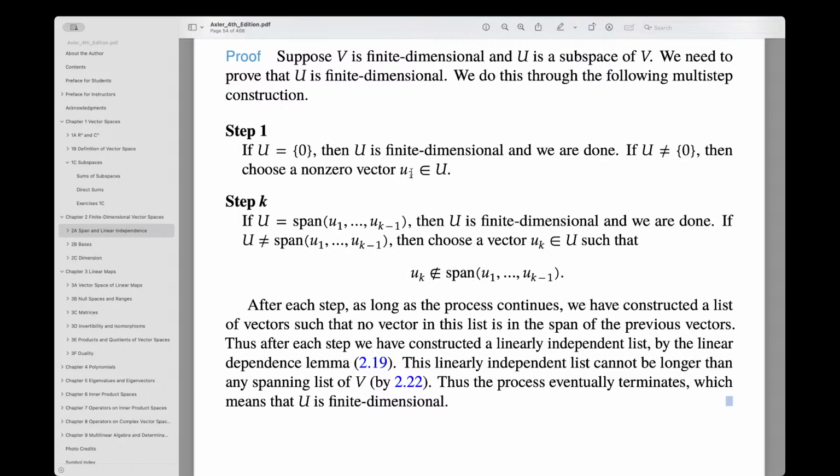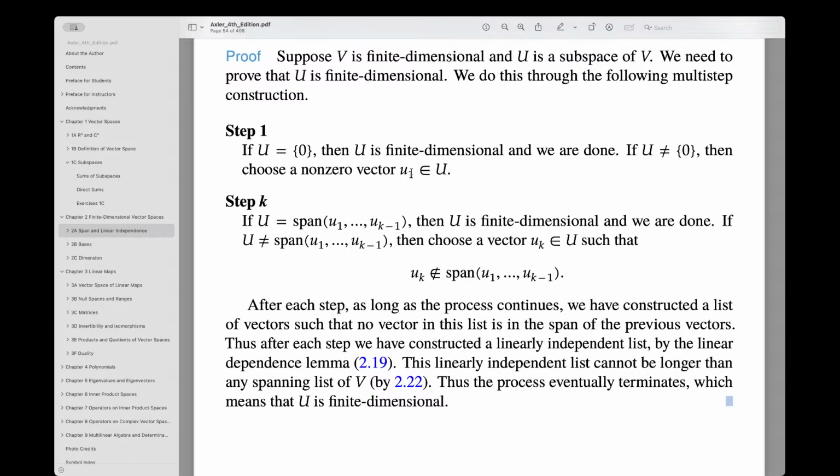So since we have taken a span, and U is spanned by linearly independent vectors, we now return to our lemma, which says that a linearly independent list must have length less than or equal to the length of the spanning list of the space. Say the length of the spanning list of V is n.